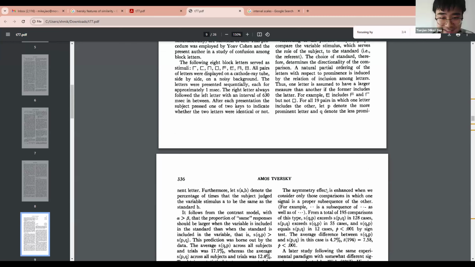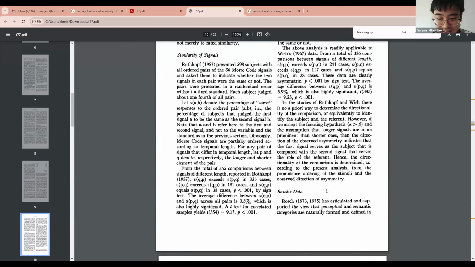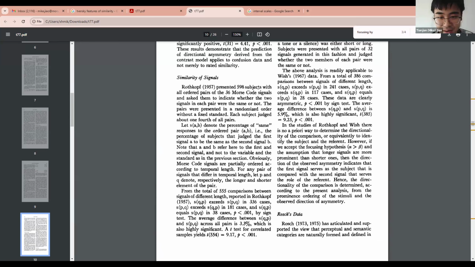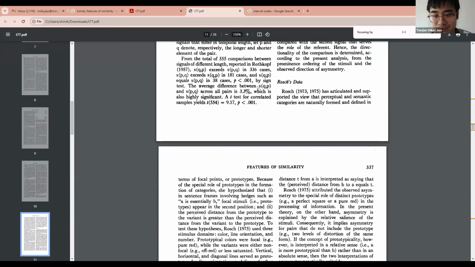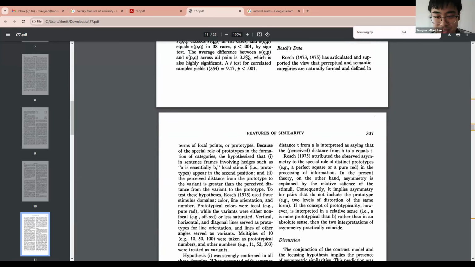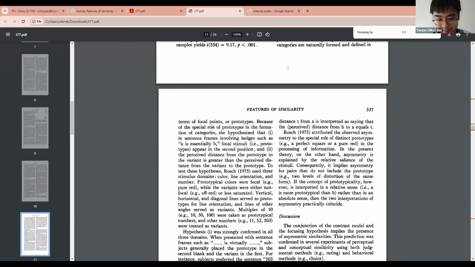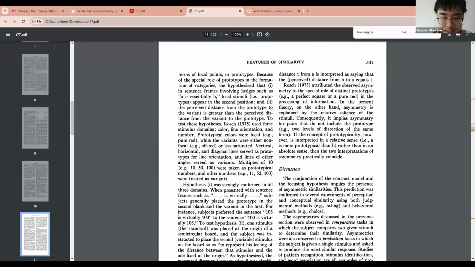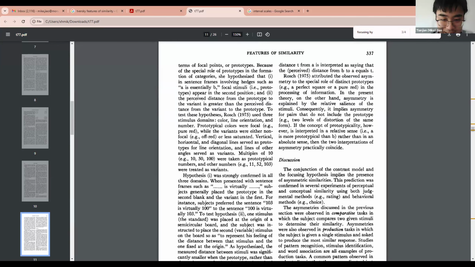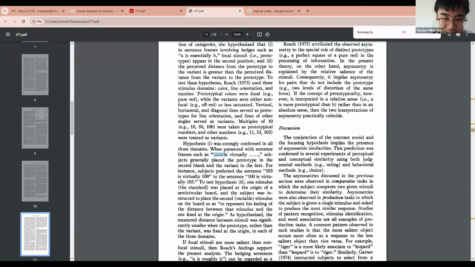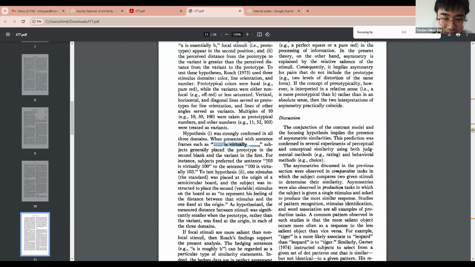One other thing that's also very intriguing. Actually, we also have a Morse code signal example here, but it's essentially the same as the letter example before, so I'm not going into the experiment in detail. What I'm going to talk about is prototypes and how similarity may affect prototypes. What does that mean? Well, consider the statement A is virtually B. It makes a lot of sense to say 103 is virtually 100.